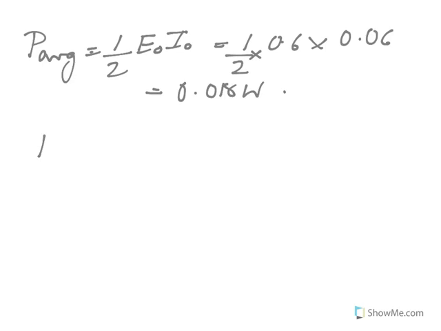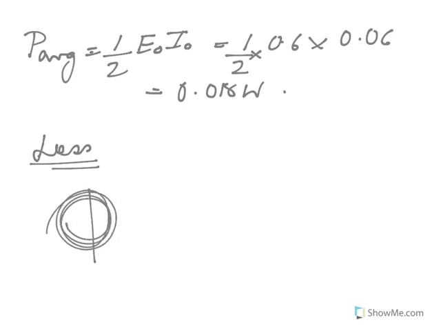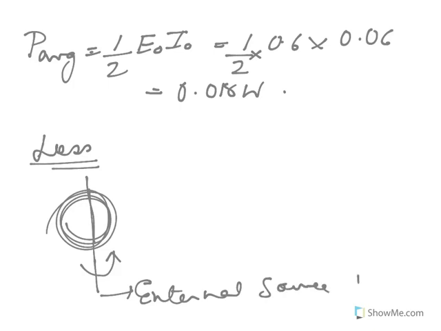Now this loss is due to the fact that the coil is rotating due to an external source, which is a rotor. While the coil is rotating, we have seen that there is induced EMF.